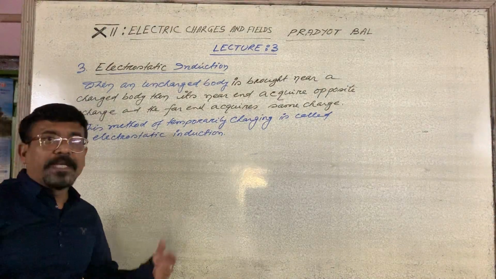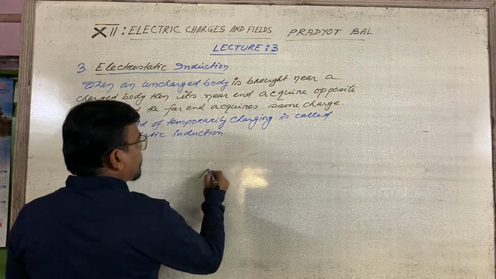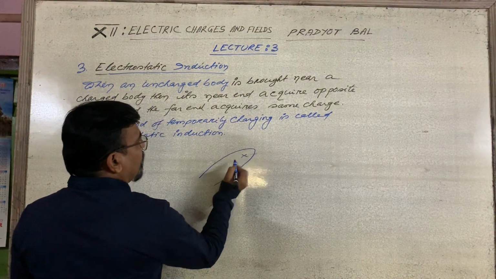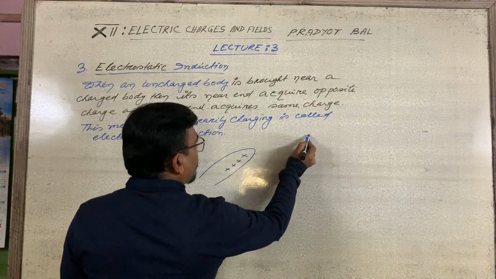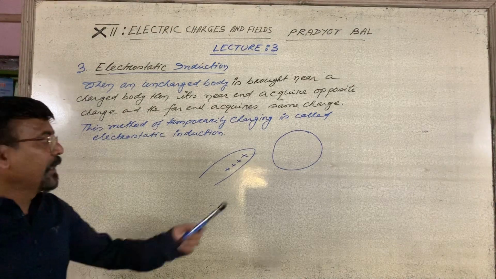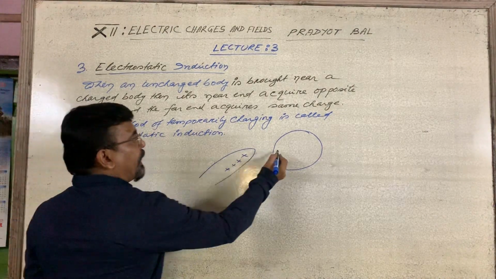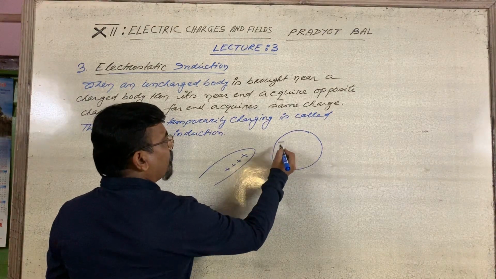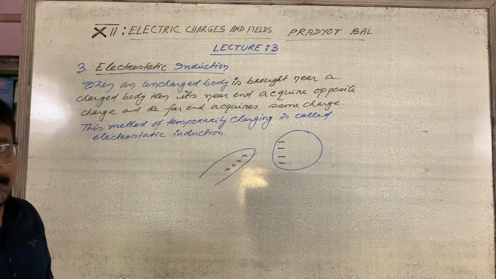So, let me explain the phenomenon actually. Suppose there is a charged body with some positive charge. Now I have brought an uncharged body there. When an uncharged body is brought near a charged body, then the near end of this uncharged body acquires opposite charge. It is plus, so it is minus, opposite charge.